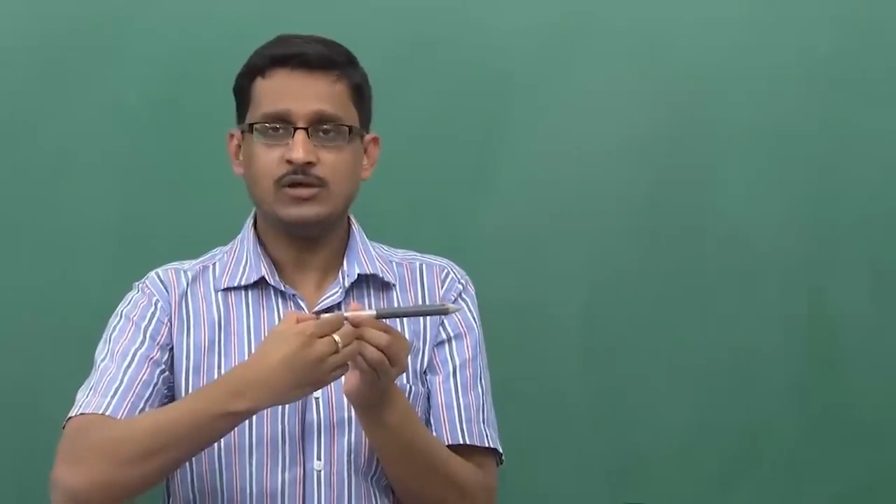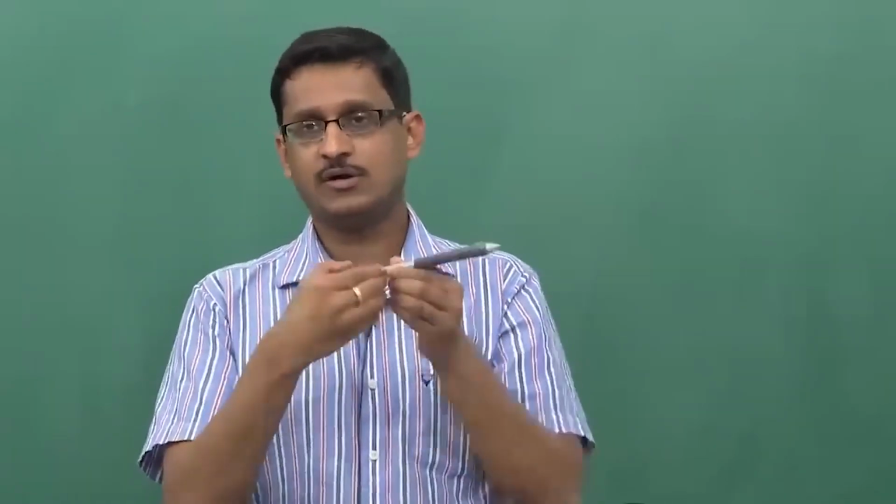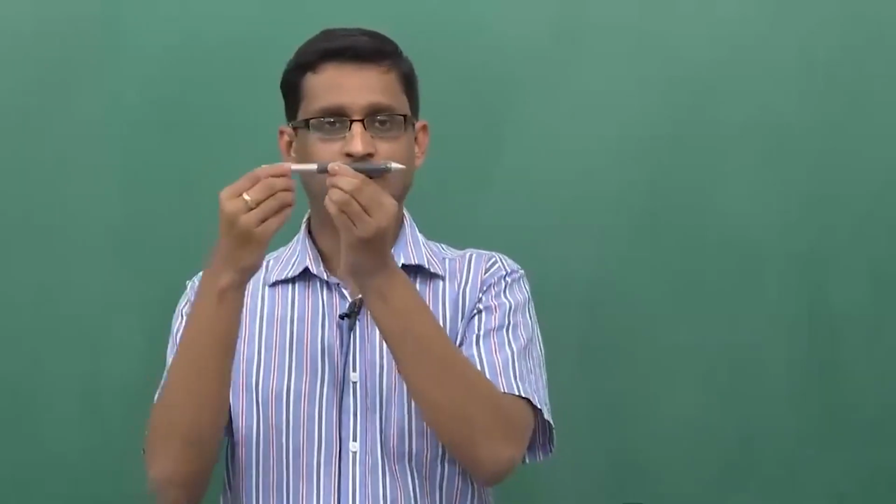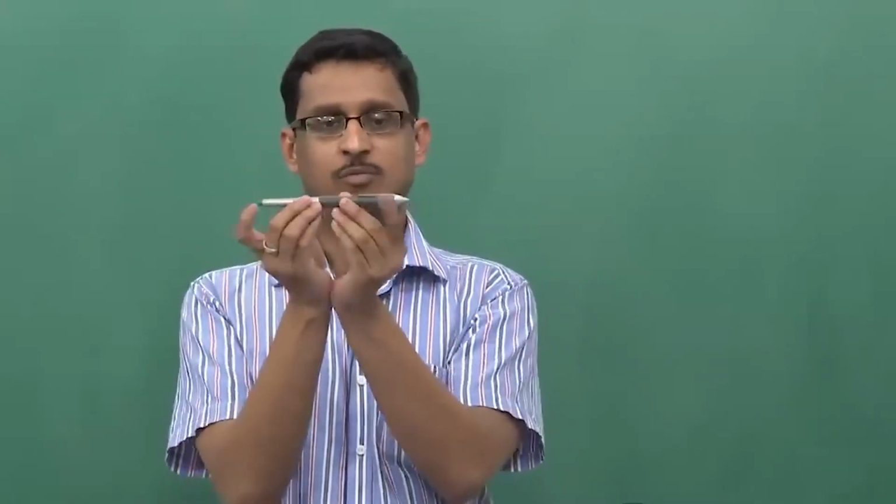What is the dot product of a vector with itself? Well, the length of the vector itself will be the dot product, because a vector dropping onto itself will be exactly equal to this particular length.